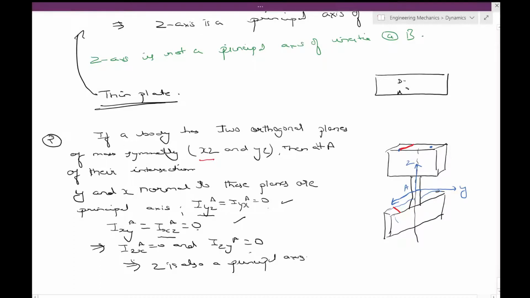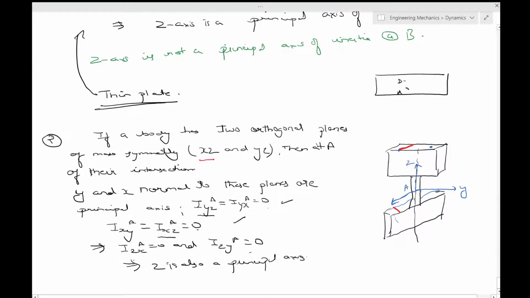Now if you look at the YZ plane, you will be looking across like this, and for the cylindrical rod it again passes through the diameter, so no problem. So this body has two orthogonal planes of mass symmetry, XZ and YZ.